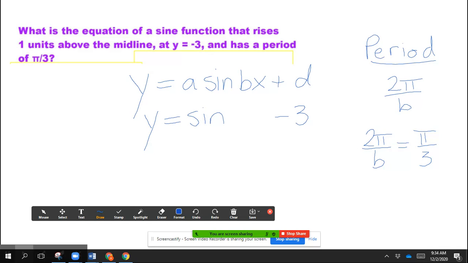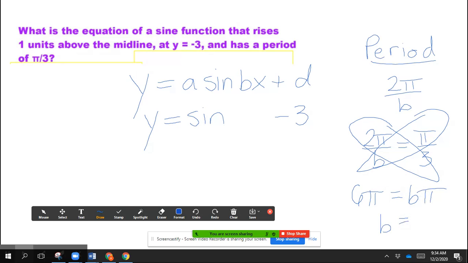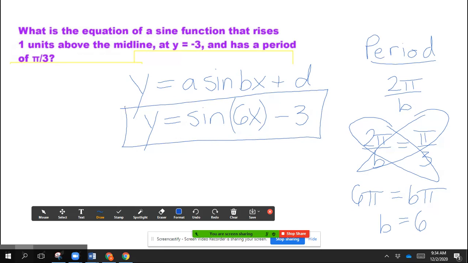And now I'm going to solve for b using cross products. 6 pi equals b pi, so b equals 6. So I'm going to replace b with 6, put my x in there, and then -3. So my equation would be y equals sine parentheses 6x close parentheses -3.